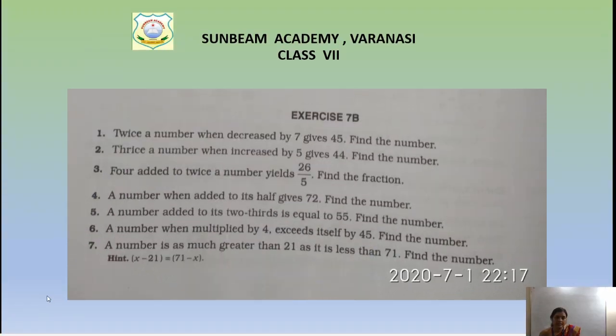So, let's see question number 6. A number when multiplied by 4 exceeds itself by 45. When we multiply any number by 4, what will happen to that number? That number will exceed. Exceed means increases by 45.